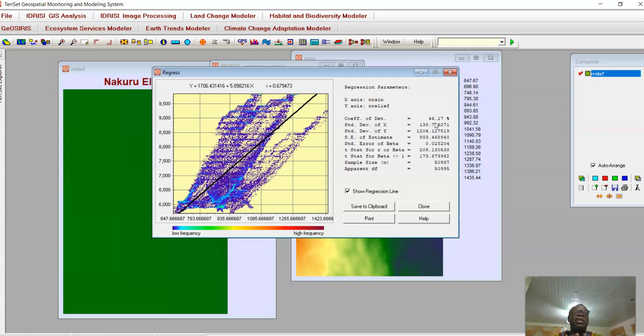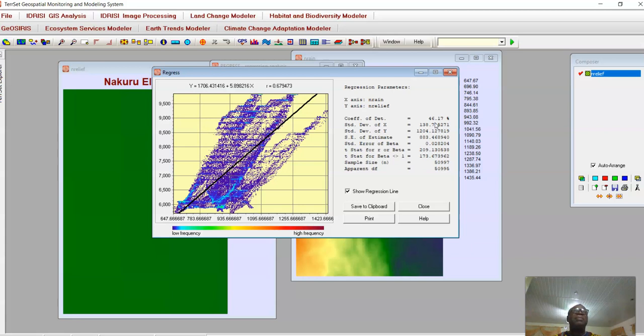So that means you can use the image of relief to derive the image of rainfall. Let's say you are looking at a time series of every 5 years, but you don't have the information for relief for every 5 years, but you could get the information for the rainfall every 5 years.